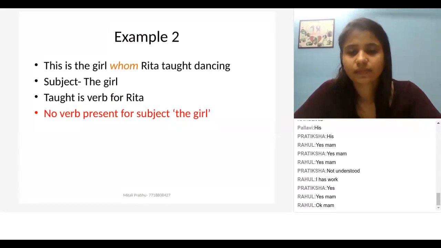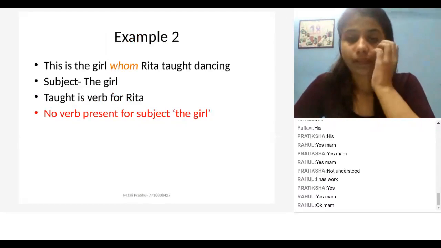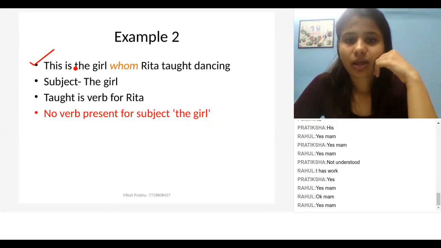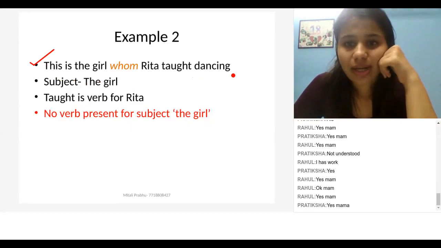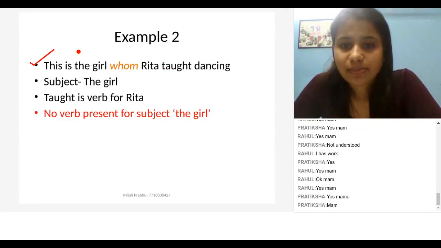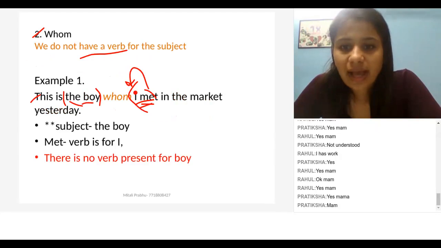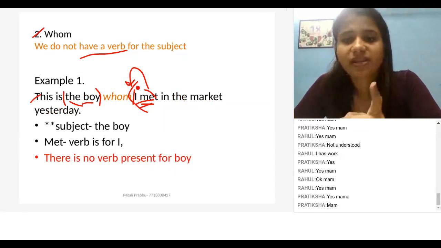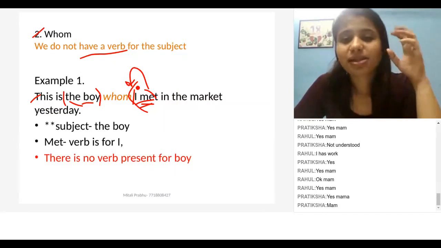Is it clear? Okay. So now, if I give you this example, "This is the girl whom Rita taught dancing." Our subject is the girl. We are talking about the girl here. Even though Rita, like I in the subject-object table, is a subjective case, what I mean by subject here is what we are talking about.